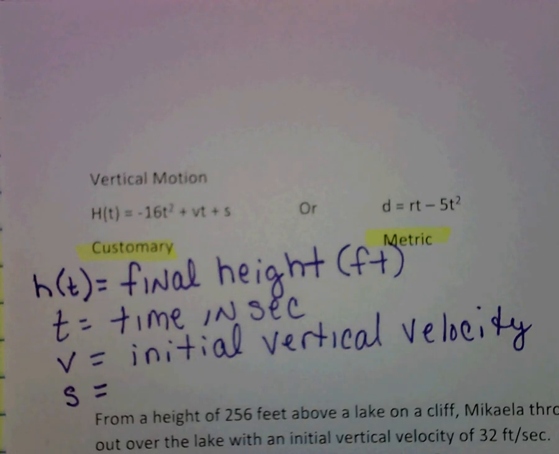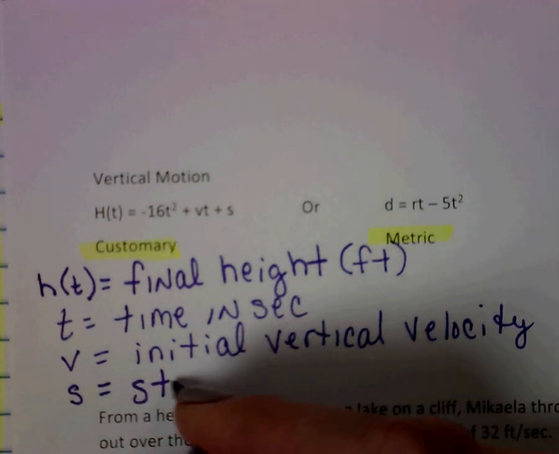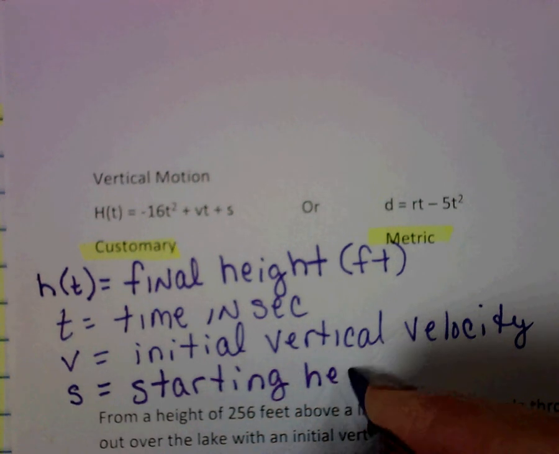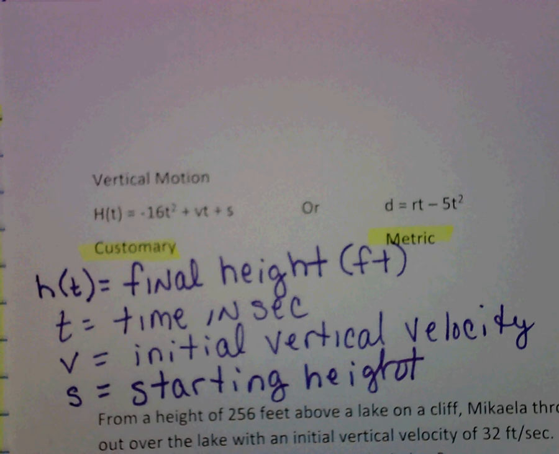Sometimes you'll see different variables than s. I think you have an activity where you see the value of c for this, but it's all the same thing. Basically, this value right here is going to represent the starting height. Where are you when you throw that baseball? Or if you're diving off a cliff, how high is the cliff?